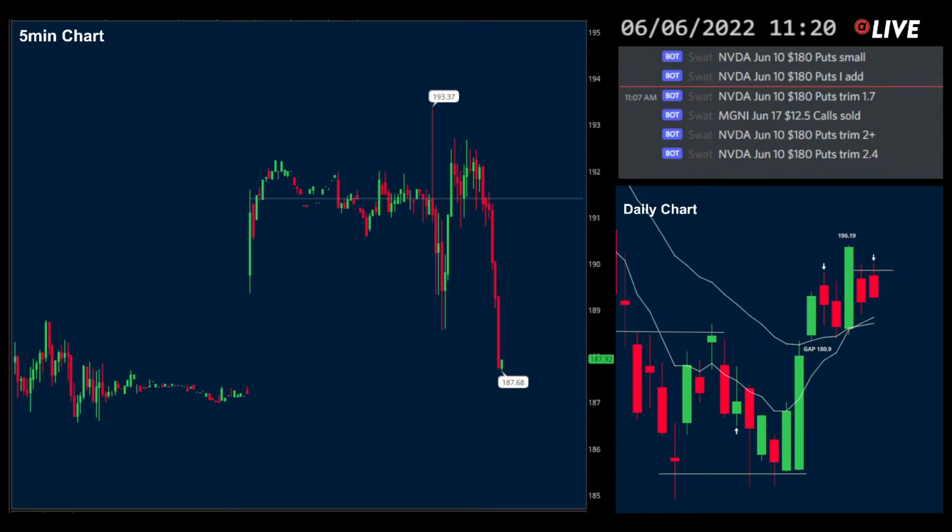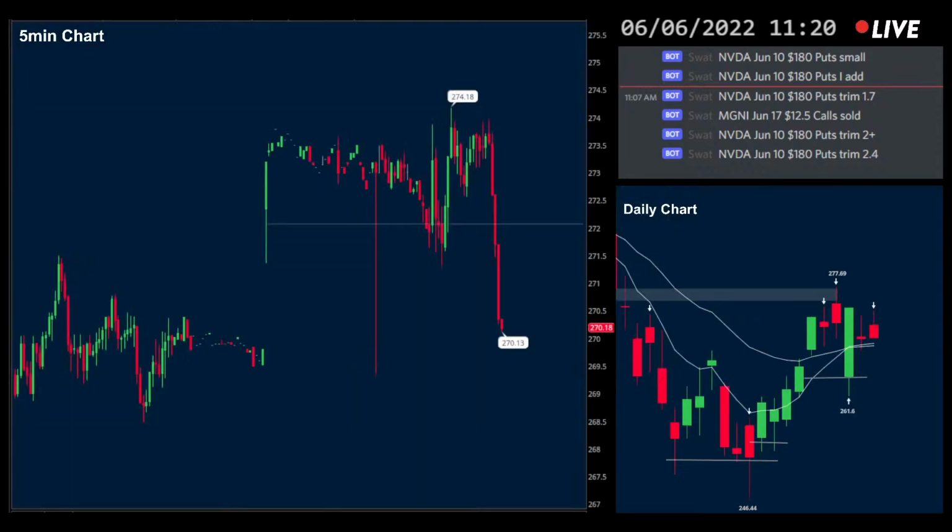Market red, still green, but off the highs. So yeah, we have lots of room for downside, guys. Microsoft, most of the names lower highs.